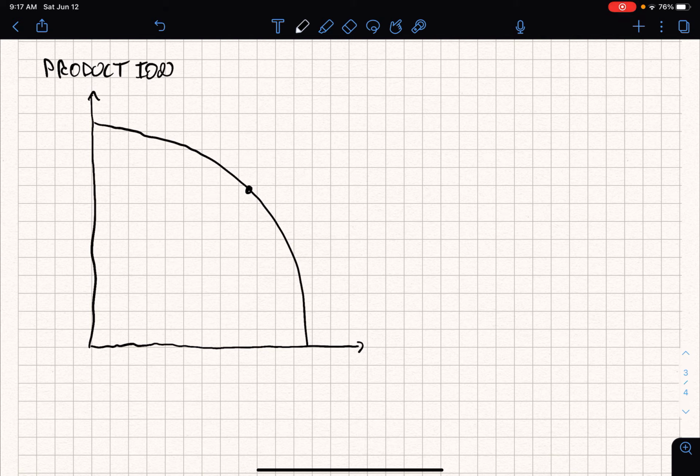The production possibility frontier is bowed outward. Let's draw these as thick lines. So on the vertical axis, we have y. On the horizontal axis, we have x.